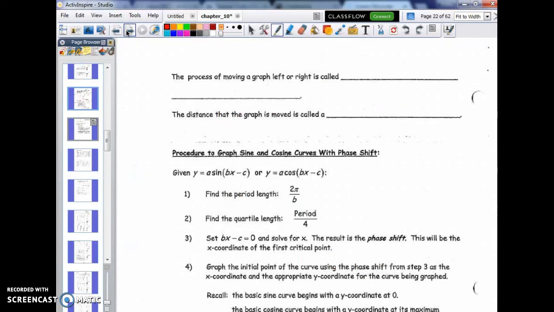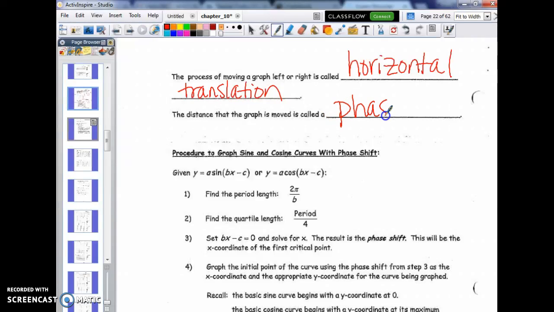The process of moving a graph left or right is called horizontal translation. The distance that the graph is moved is called a phase shift, that we will sometimes abbreviate as a PS.